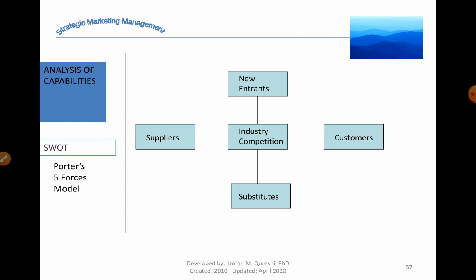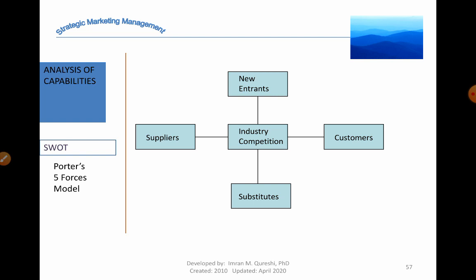Then we have new entrants and substitutes. If a company has more control over substitutes, the substitutes that are coming to replace the products that are there, maybe in terms of R&D, it is more innovative, more creative, and it is moving forward in terms of coming up with better ways of need satisfaction for its customers, obviously doing it through service packages or product development.